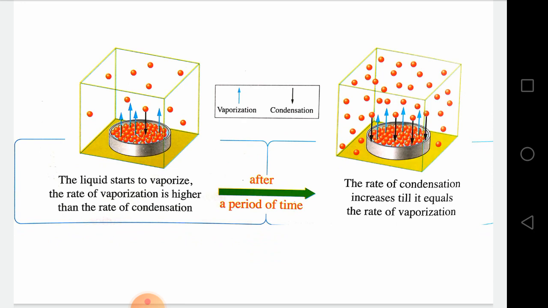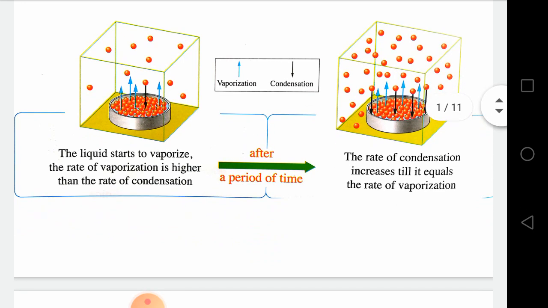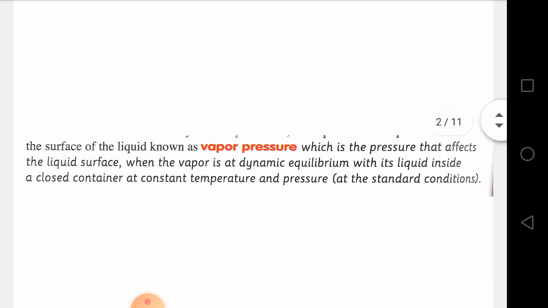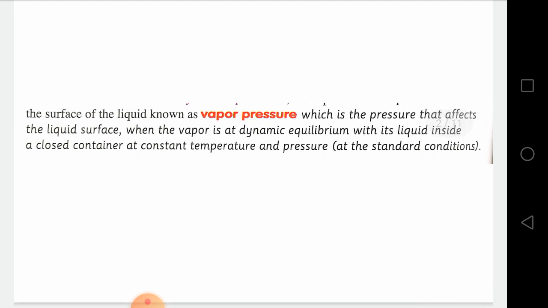In this case, when this vapor pressure equals the atmospheric pressure, this means the pure solvent will boil. Okay. So the vapor pressure is the pressure exerted on the liquid surface when the vapor is at dynamic equilibrium with its liquid inside a closed container at constant temperature and pressure.